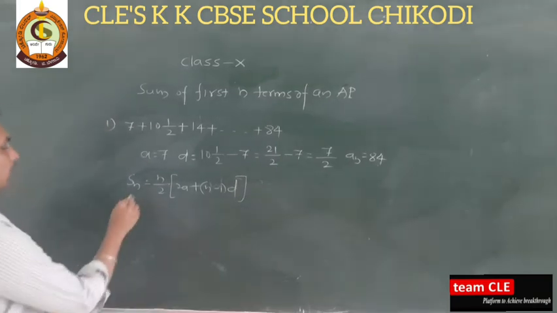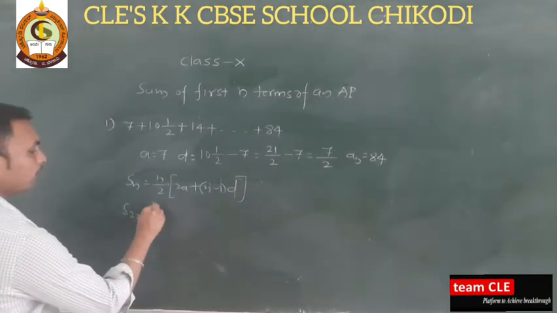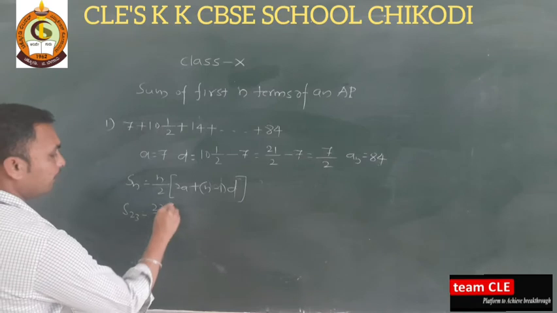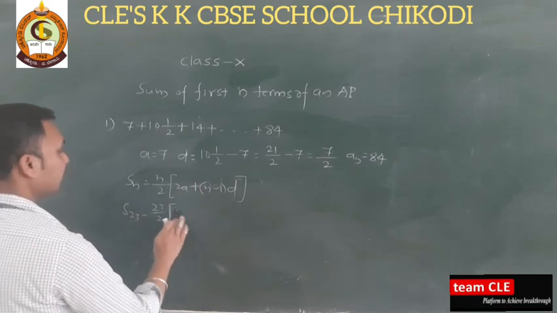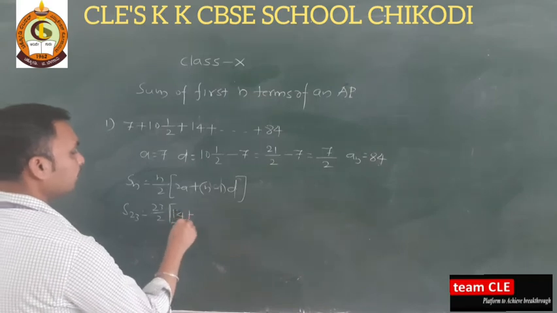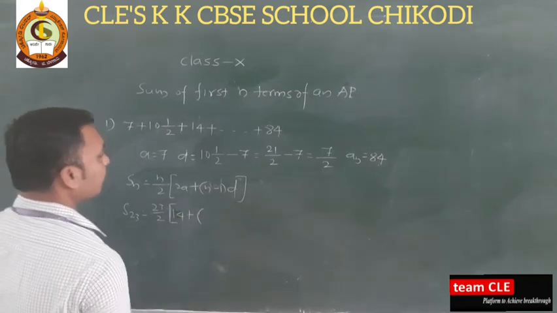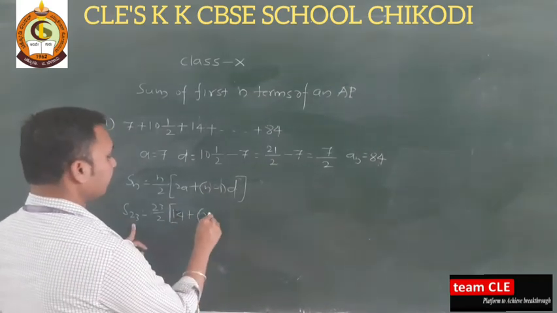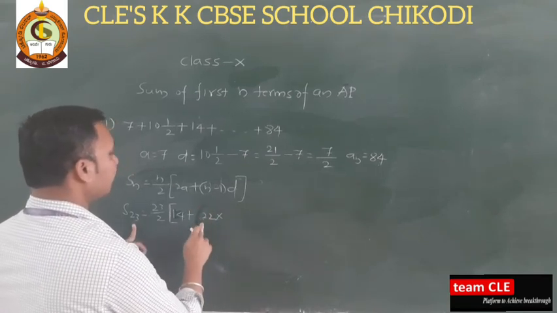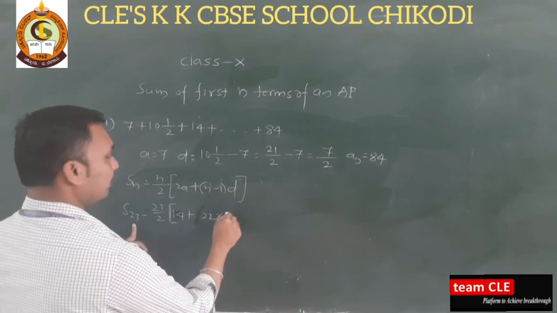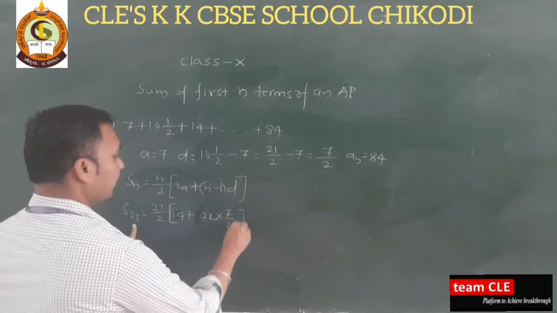So S23 is 23 by 2 into bracket of 2 into 7, which is 14, plus 22, since 23 minus 1 is 22, into d, which is 7 by 2.